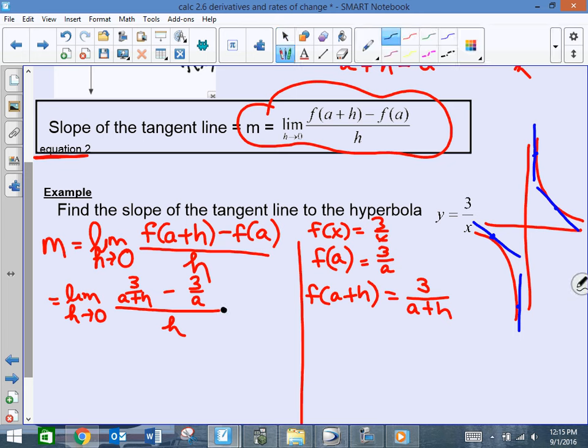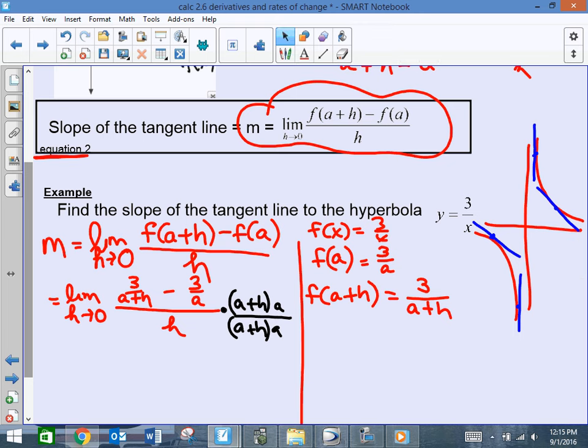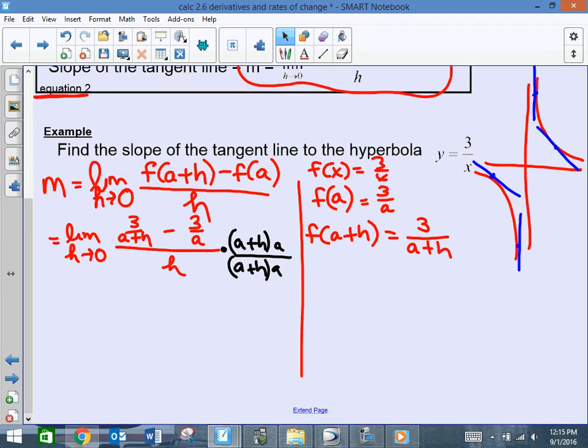Say again. A plus H and A on the top and the bottom, which remember is just a well-designed 1. When you multiply by 1, it doesn't change. Okay, you have one like that on the homework problem, except it was like 2 plus x and 2. Remember that? Okay.